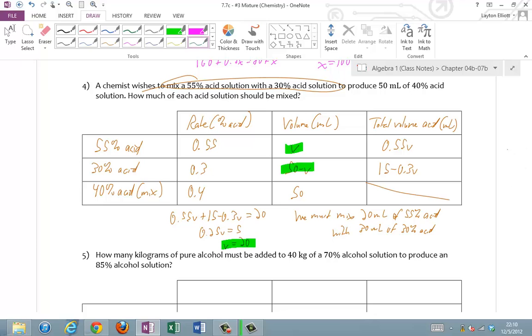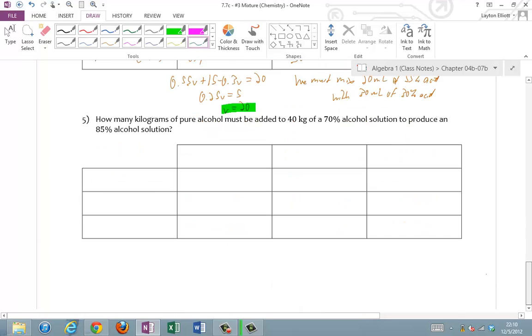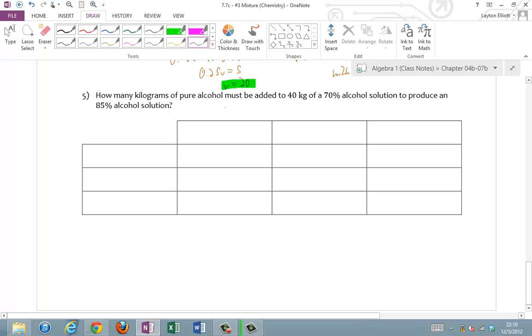Okay, last one. Let's see if I can get this done before the battery dies. How many kilograms of pure alcohol must be added to 40 kilograms of a 70% alcohol solution? That could be like our start, to produce 85%, and that could be like our mix. So I have a 70% alcohol.